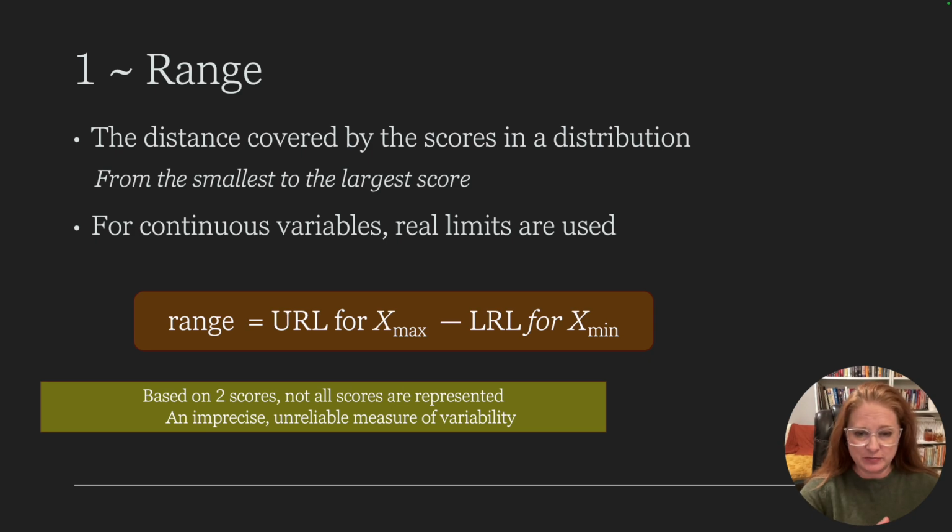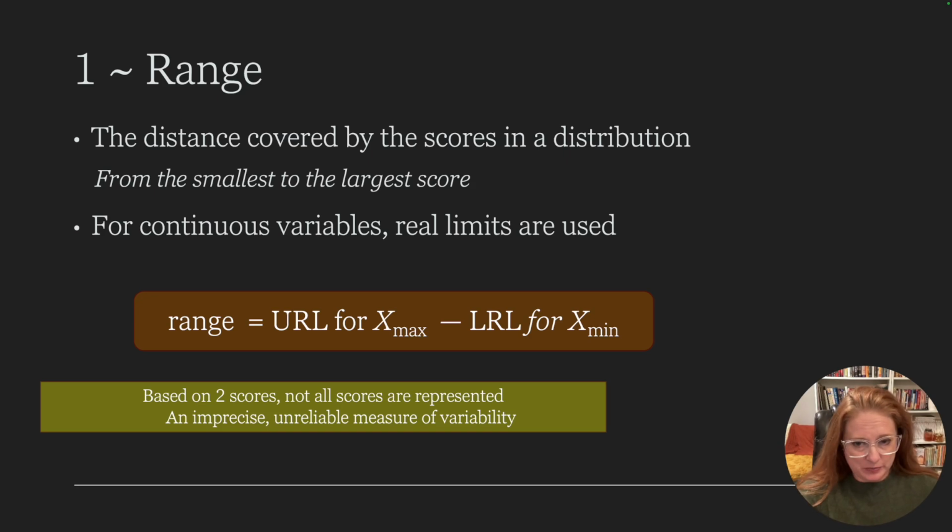Yes, for continuous variables, real limits are used. So the formula for a range is the upper real limit for whatever your maximum score is, where X is still used for our scores, minus the lower real limit for whatever my minimum score was, in this case, 0. Again, it's only based on two scores.